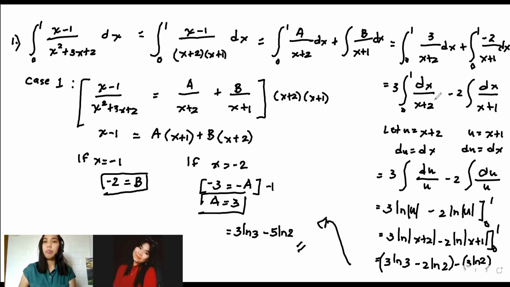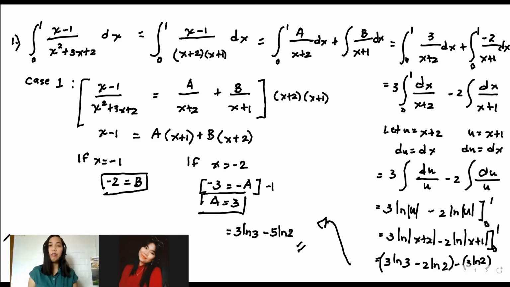And this part has the form du over u, and the integral of du over u is ln u. Okay, so this is the answer. When you simplify it, apply the theorems of calculus. So this is the answer: 3 ln 3 minus 5 ln 2. Clear? Is it clear?